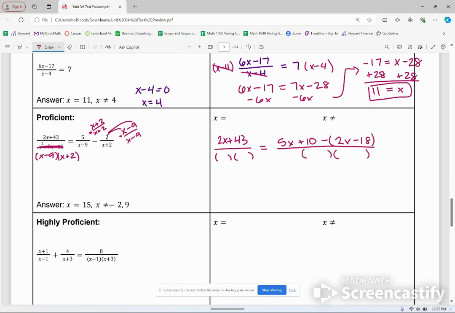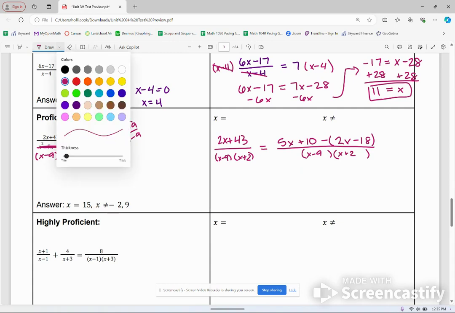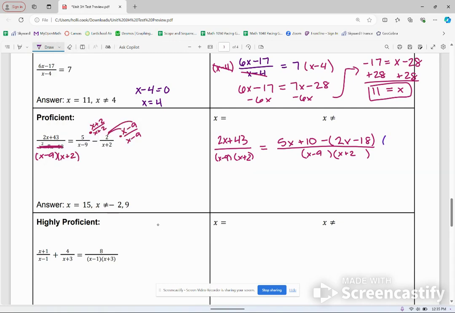All right, so first thing we want to do is get rid of our denominators. Okay, and so the way to get rid of that is to multiply. So I'm going to grab a different color. So we're going to multiply each side by x minus 9 and x plus 2.